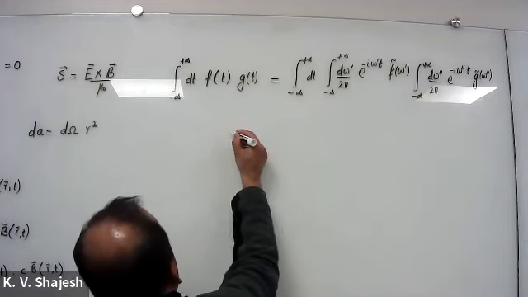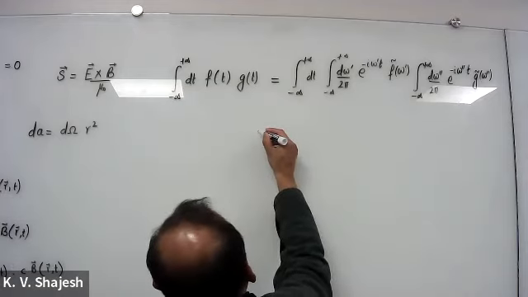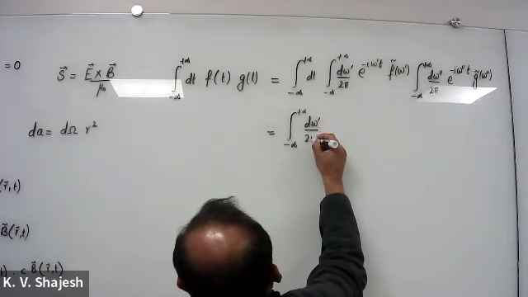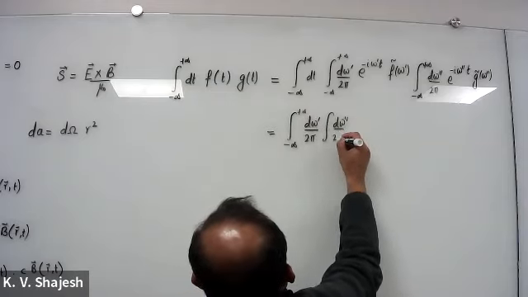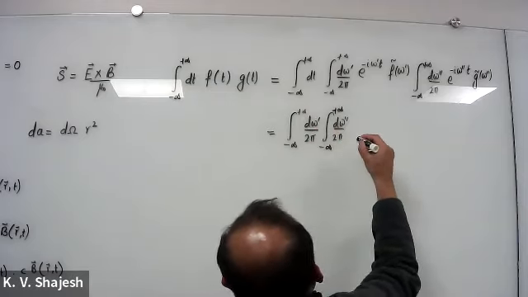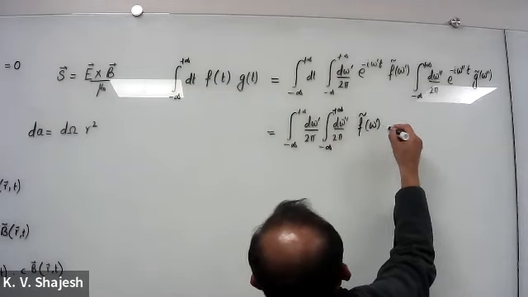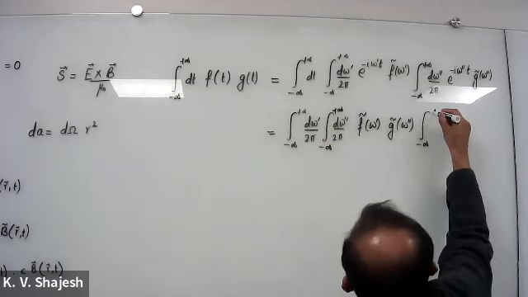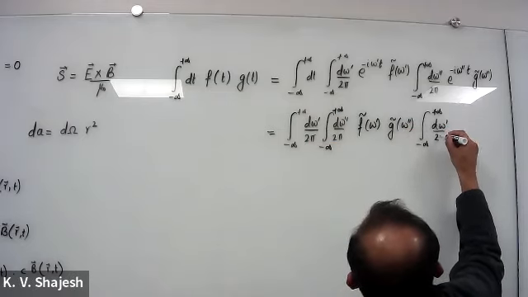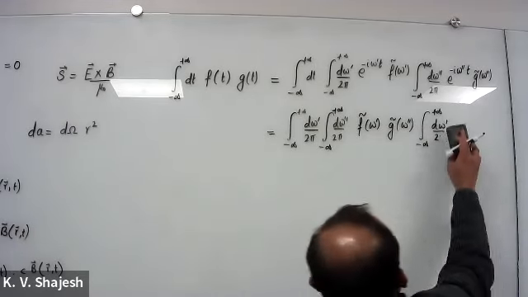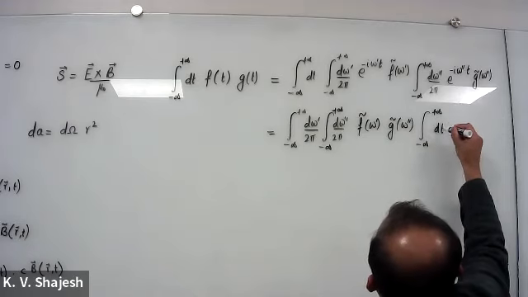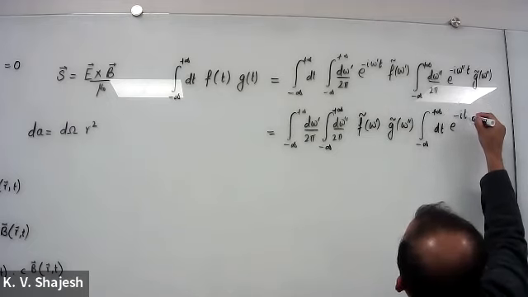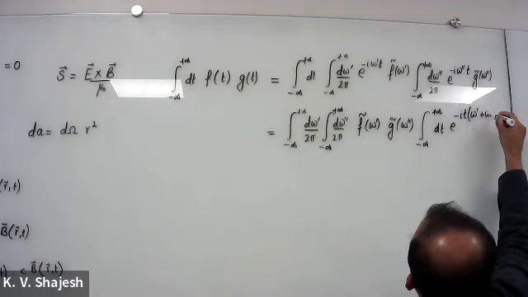That's equal to, move the time integral in, the omegas out, d omega prime over 2 pi, d omega double prime over 2 pi, f tilde of omega prime, g tilde of omega double prime, and the integral dt of e raised to minus i t times omega prime plus omega double prime.